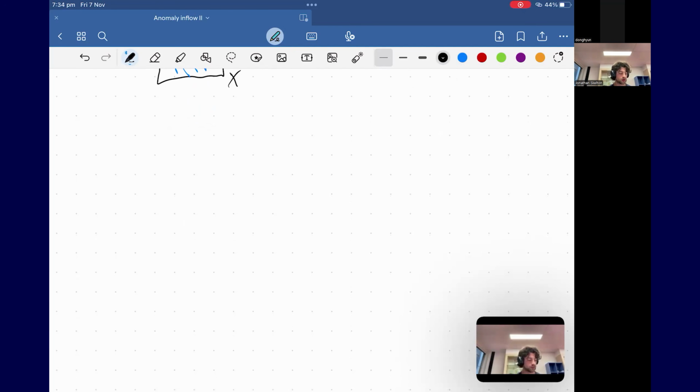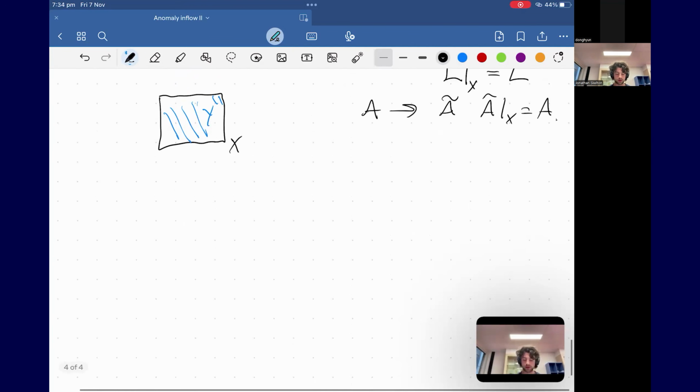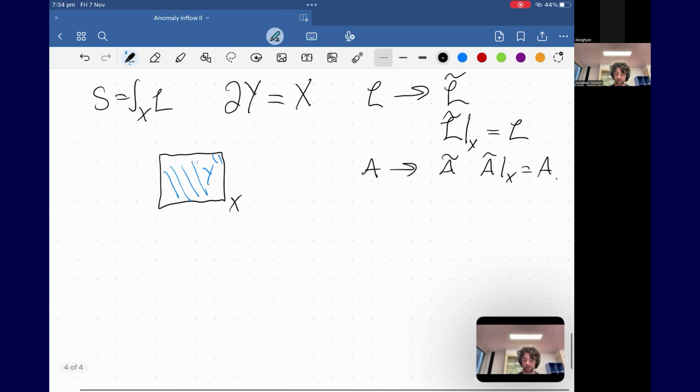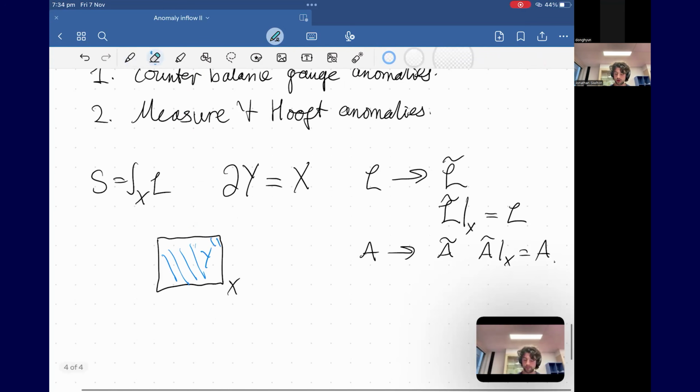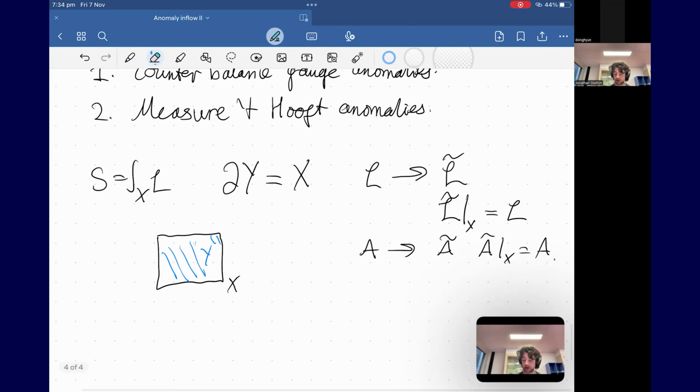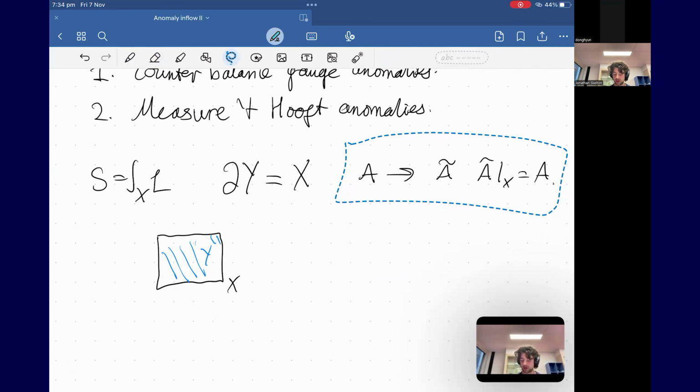So what we want for this bulk Lagrangian in particular is, sorry, the bulk one. I should correct this. We don't actually want to extend the Lagrangian. That's not what we want to do. We only want to extend these background gauge fields into the bulk.